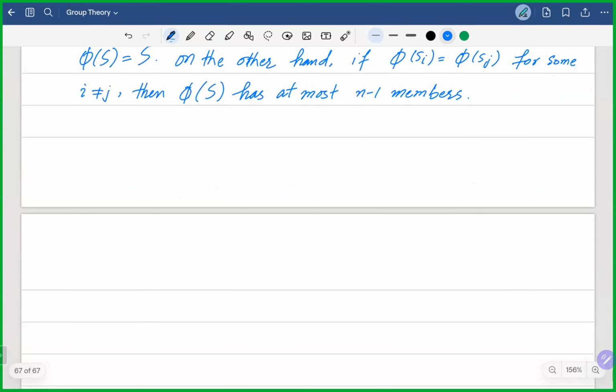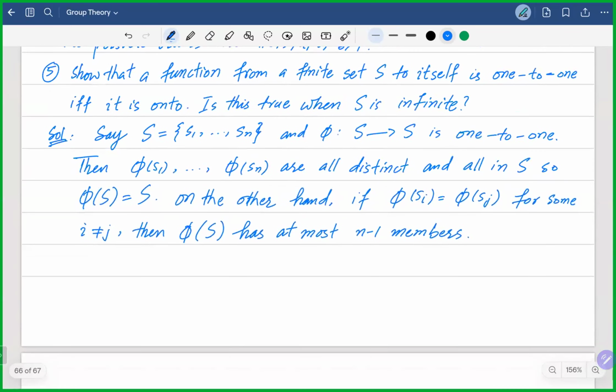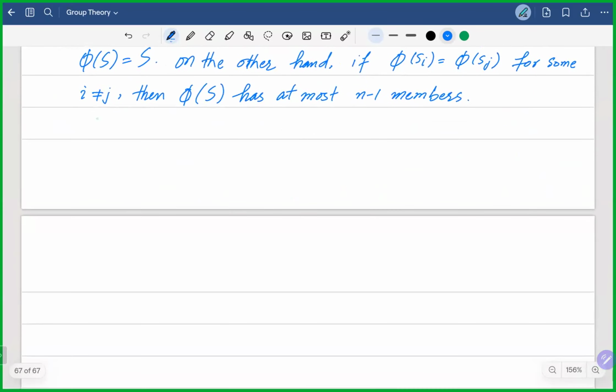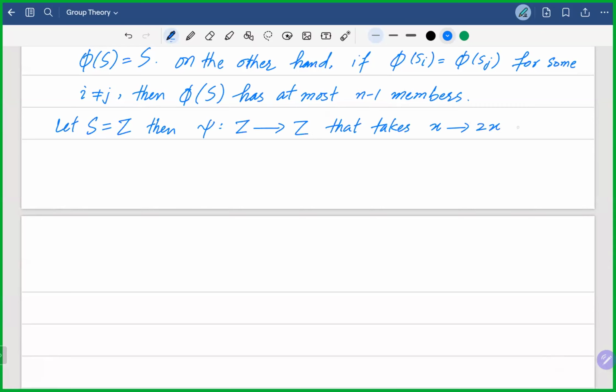Now the last one, which says: is this true when S is infinite? So let's say S is Z. Then psi, a function from Z to Z that takes x to 2x, is 1 to 1 but not onto.